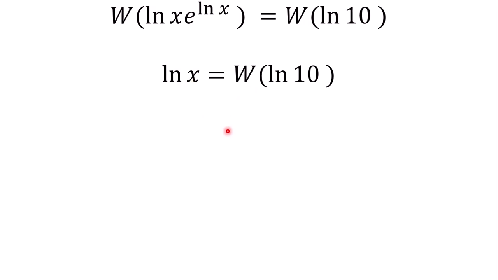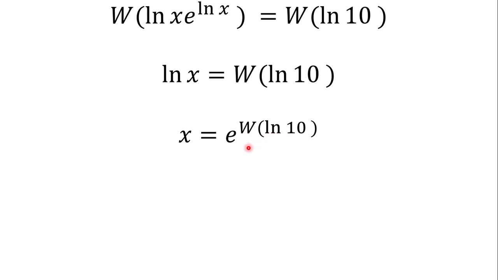And when you take e of this, we get e raised to the power W of natural log of 10. So x is equal to e raised to the power W of natural log of 10. So the value of x from the equation is e raised to the power W of natural log of 10.